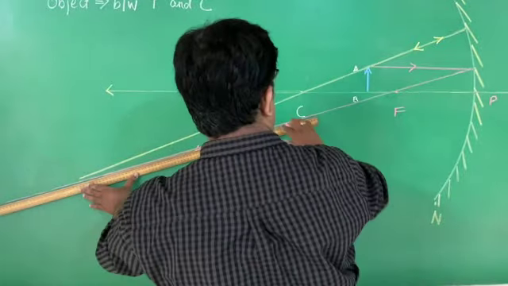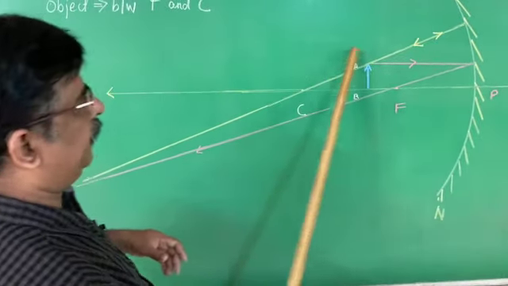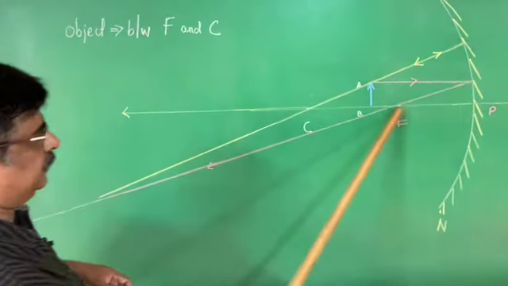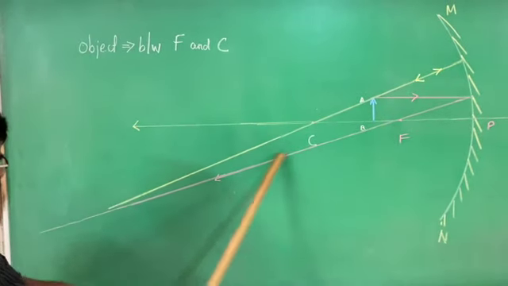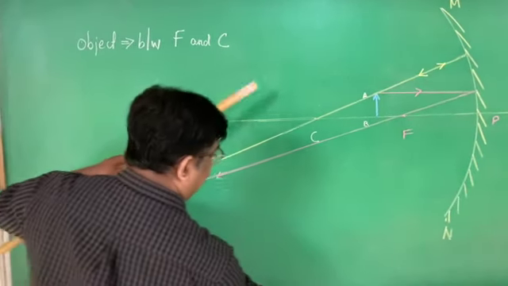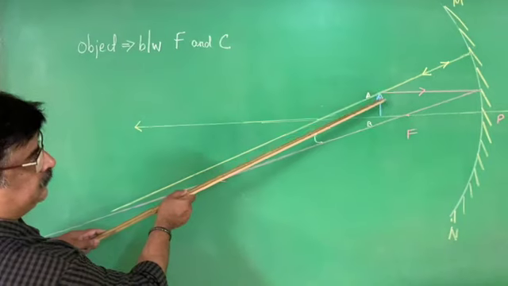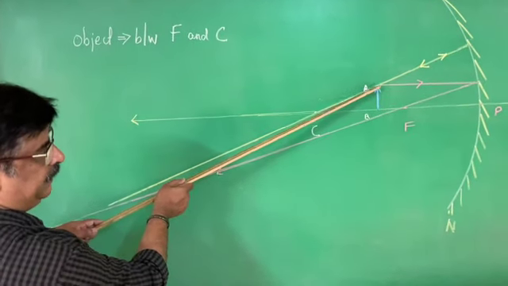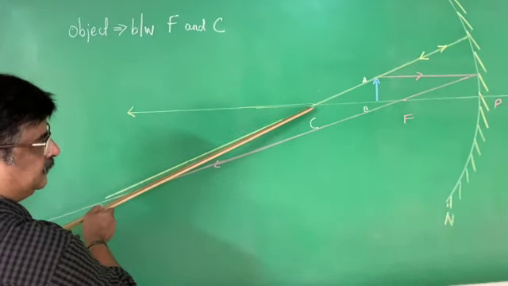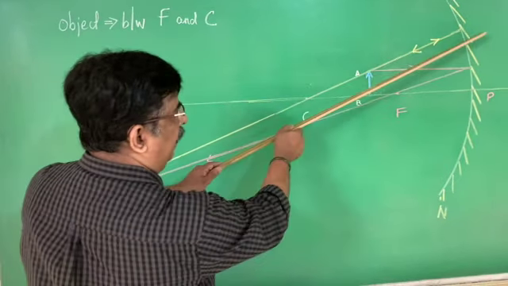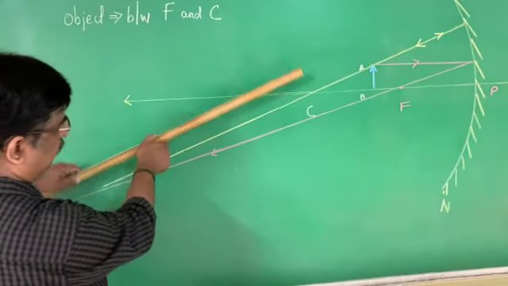I extended here. The ray of light parallel to the principal axis, after the reflection passes through the principal focus, it is going like this. The ray of light which is incident on the mirror directed towards the center of curvature, after the reflection follows the same path.